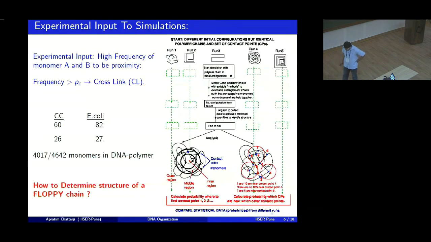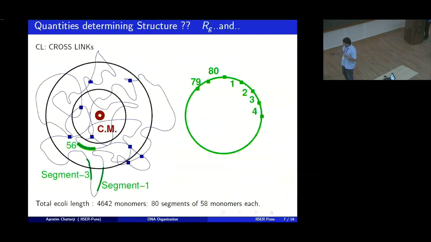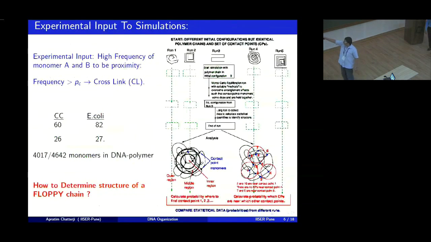So how do I decide whether they get organized? So I start with very different initial conditions, given a set of crosslinks. So given, suppose, 60 crosslinks or 82 crosslinks in these many polymers, I start from very different initial conditions. I allow the system to relax.